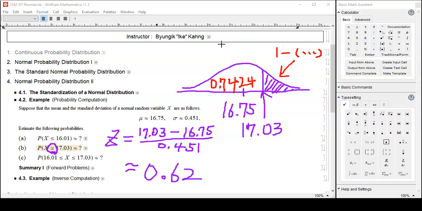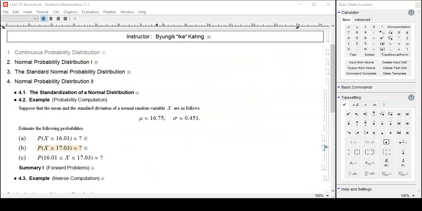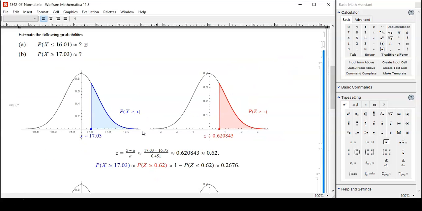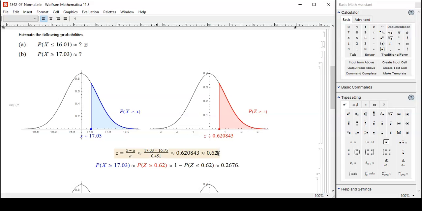And let me get out of this drawing mode so that I can show you the real solution. All right. Okay, here we go. We need the right-hand side shading. Centered at 16.75, 17.03 is here. I want the right-hand side shading because x is greater than that. And then if you do your z computation, x minus mu over sigma, or end minus center over SD, you get 0.62.